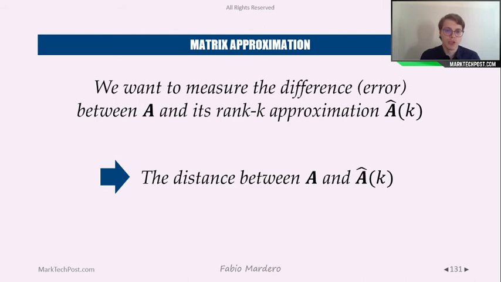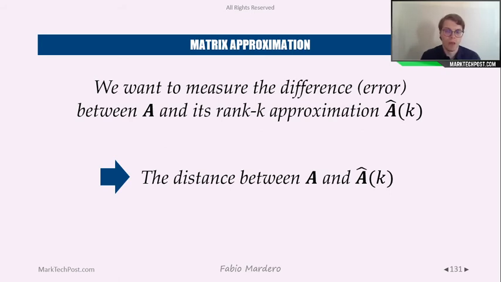Now we want to measure how close the rank k approximation is to A. What we are saying is that we want to compute the distance between the two matrices.